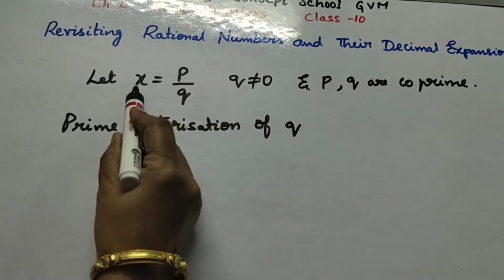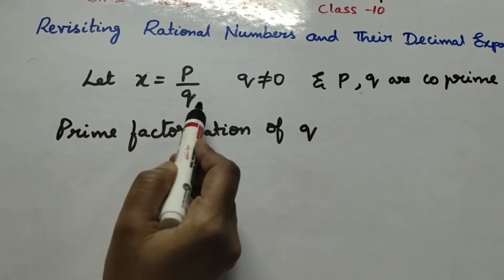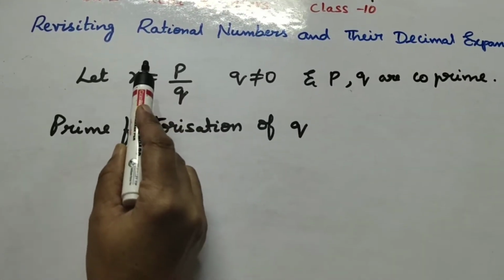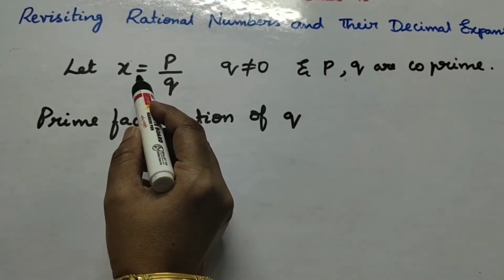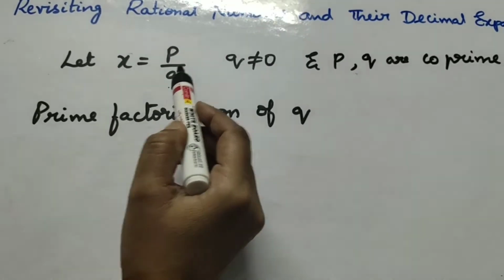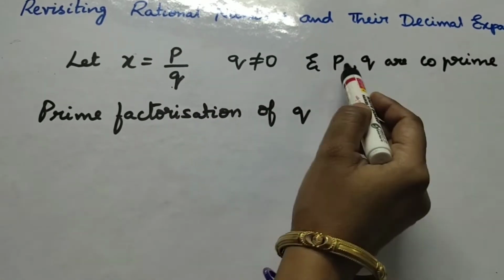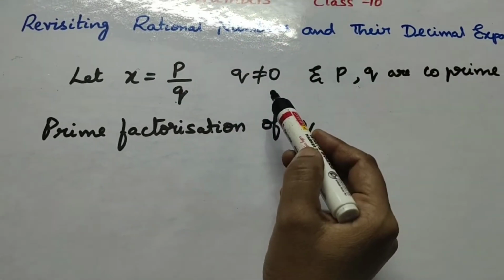That means, let me explain you clearly. Now if x is a rational number, and we know a rational number will be in the form of p by q, and whose decimal expansion terminates, you can express x in the form of p by q, right, where q is not equal to 0 and p and q are co-primes. We have learned the definition of rational number.